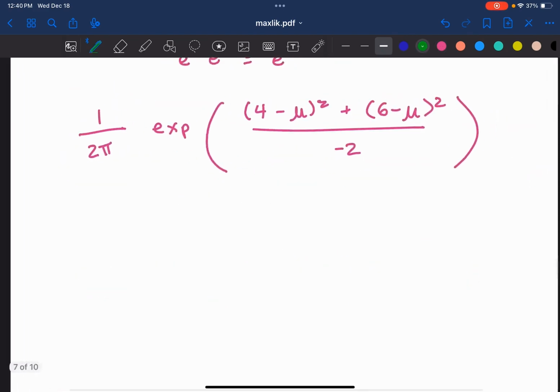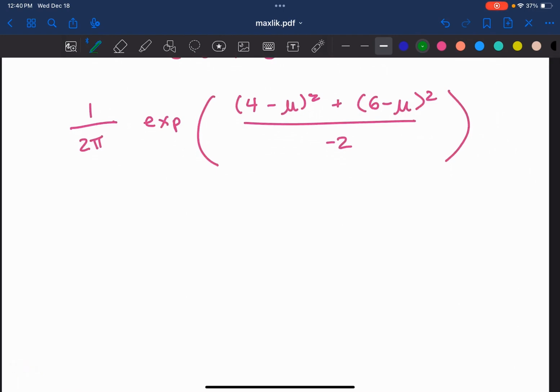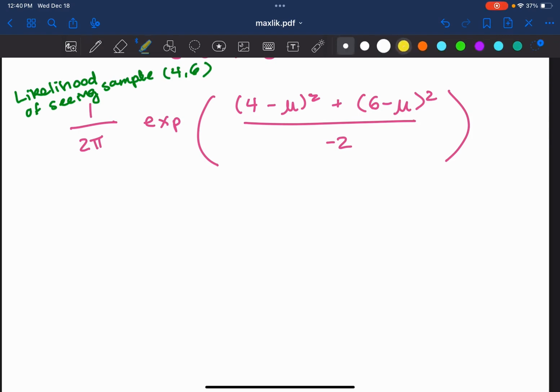This is the likelihood of seeing the sample 4 and 6. And then we want to choose mu. Mu shows up here and here. The idea is we want to choose mu to maximize this thing.